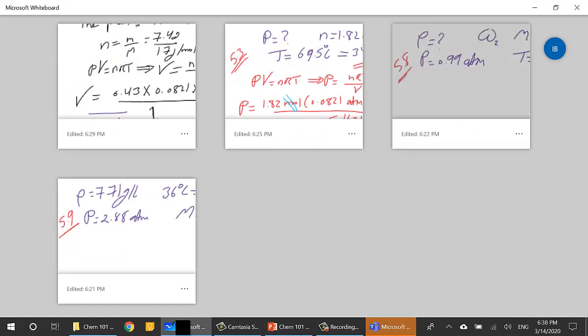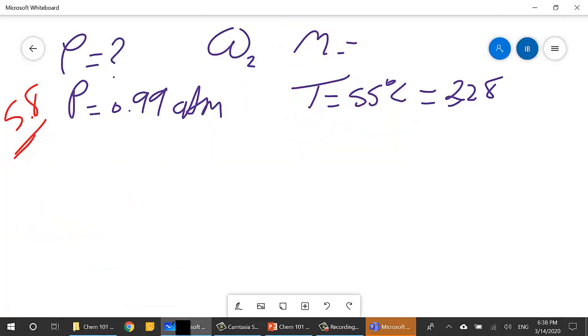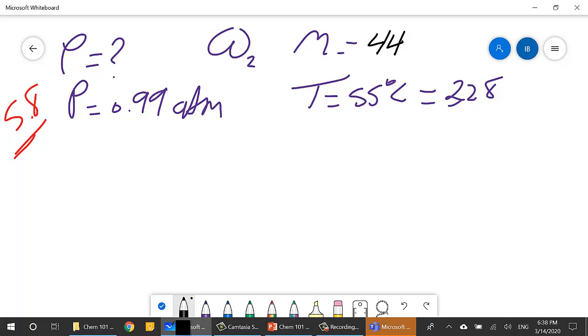Here the rho is missing; he's asking about the density. CO2, so the molar mass is 44. We have calculated that many times. And pressure is 0.9 atmosphere. This is pressure, this is density, please, okay? So this is rho, and this is pressure. And temperature is 55, which is 328 Kelvin.